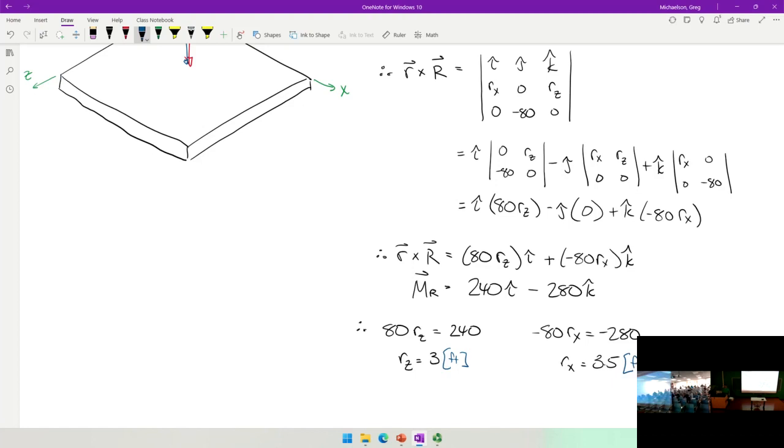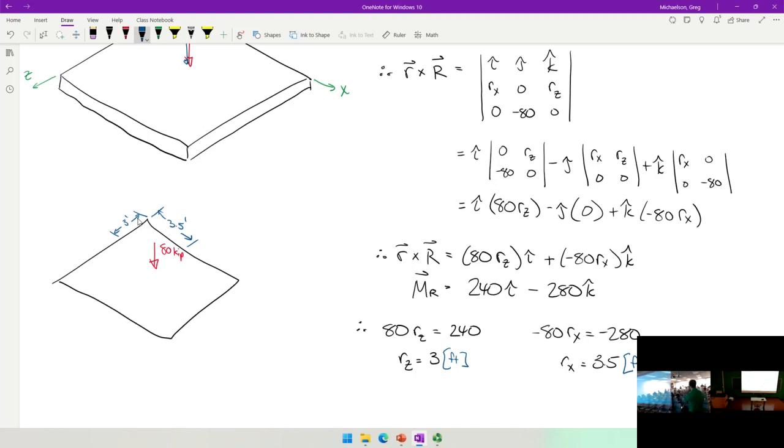So what I can do is I can say, here's my foundation mat. Instead of all those loads, just 80 kips, and place it such that this dimension is 3.5 feet, and that dimension is 3 feet, and that system is statically equivalent to the last one.